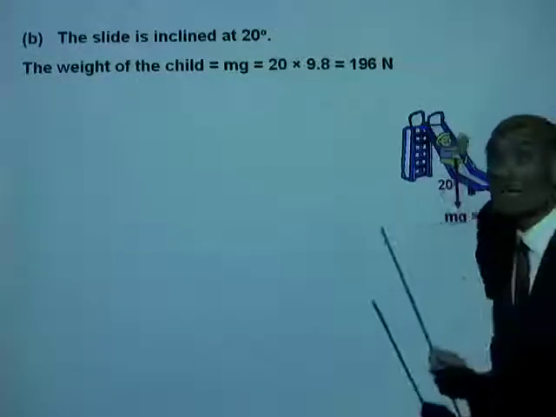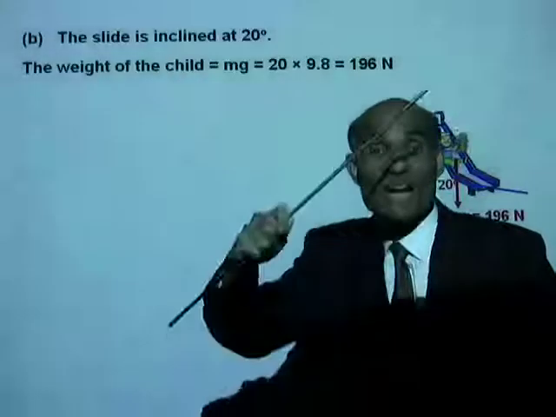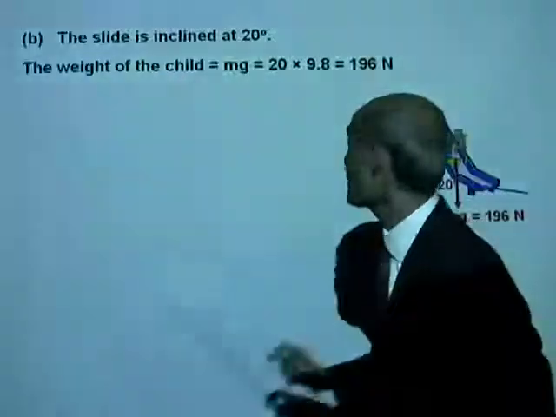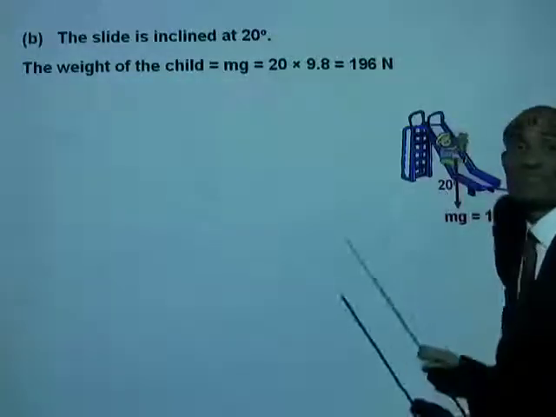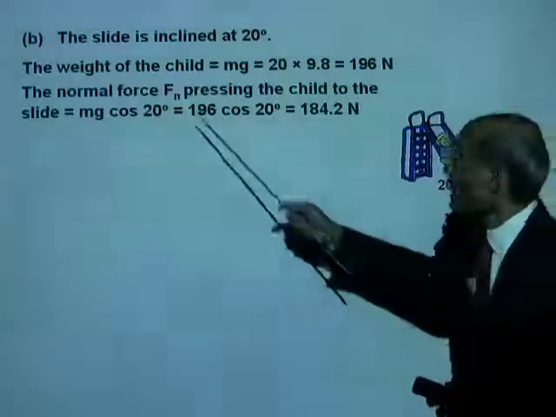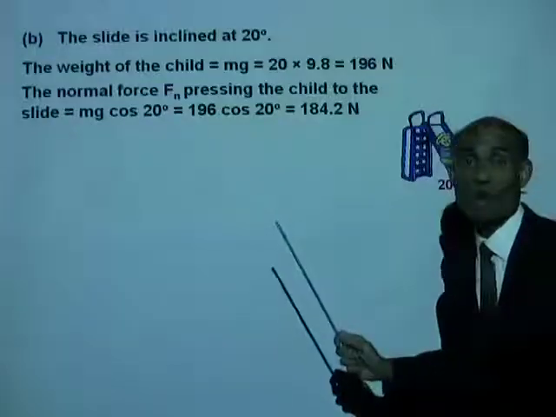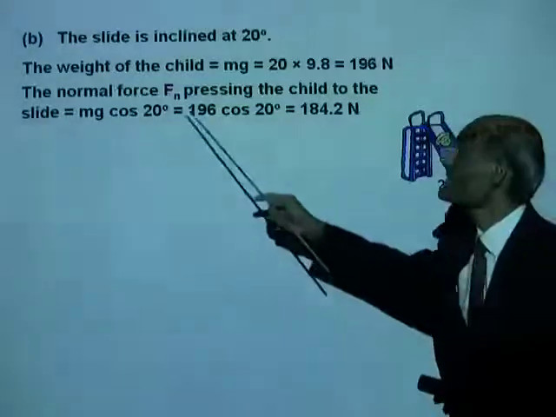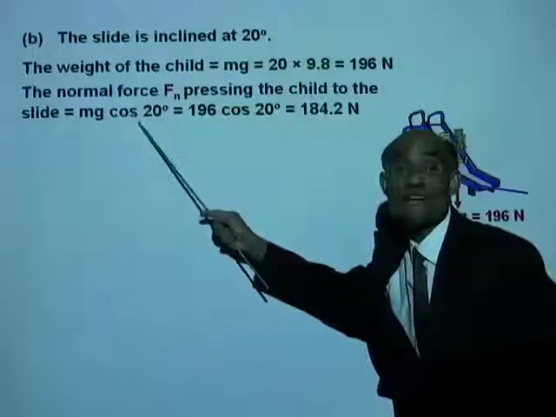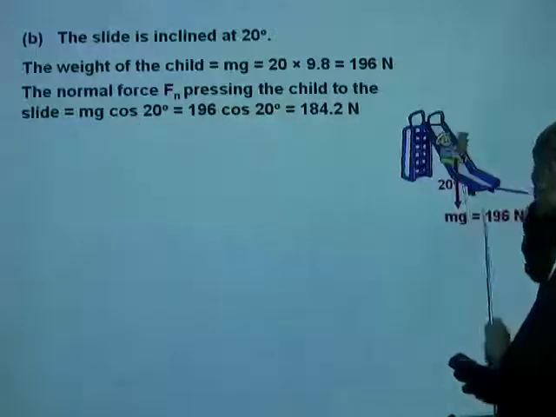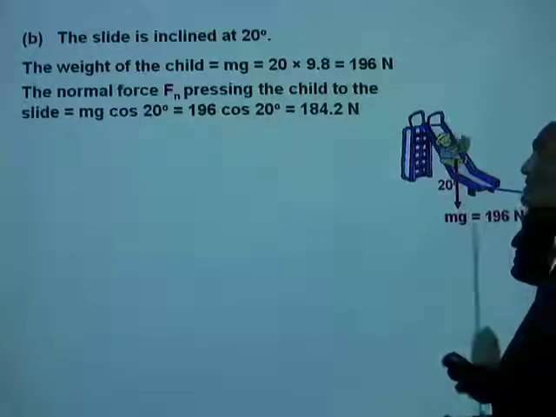Now remember, the child is sitting on an inclined plane of inclination 20 degrees. What is the normal force Fn? Remember, the normal force Fn is mg cos theta. mg is 196 Newton.